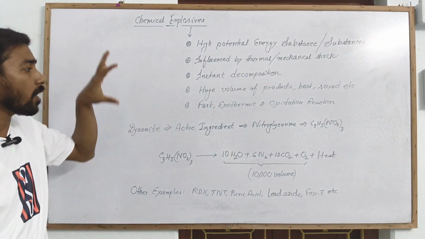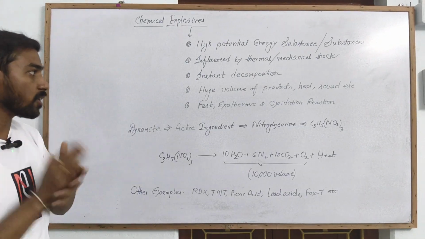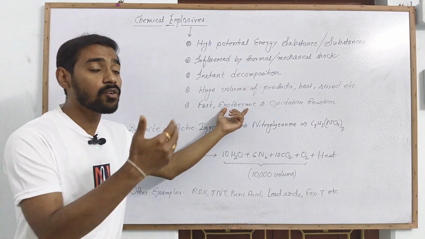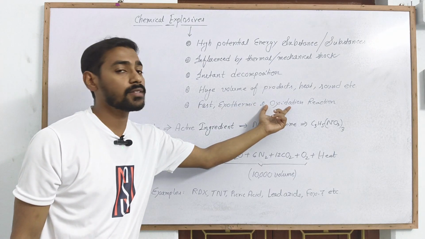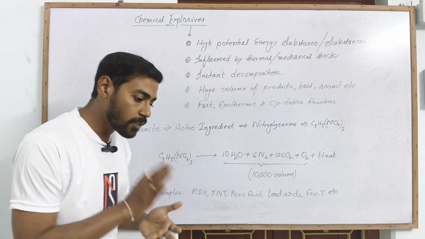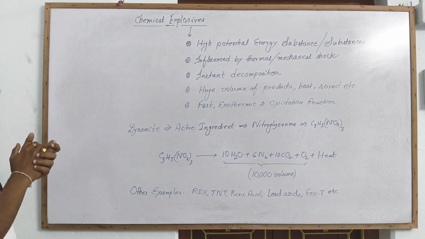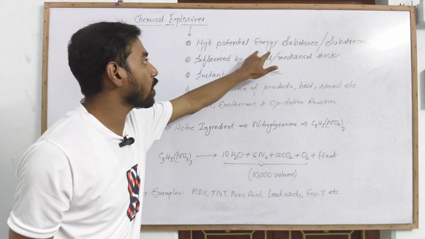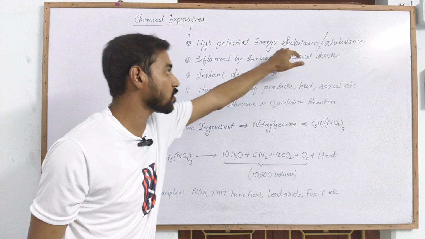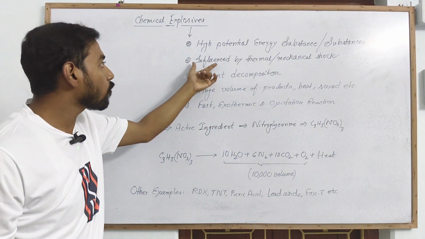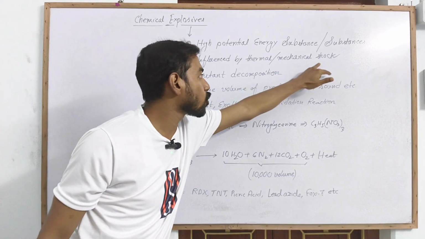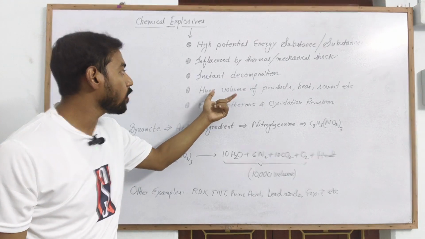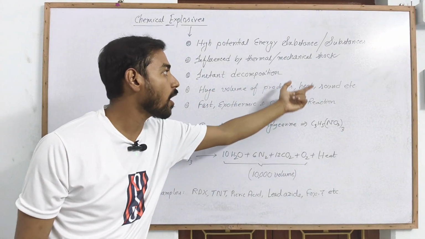Now this overall explosion of the substances is fast. It is exothermic, because heat is generated, and it is an oxidation reaction. So what should be the complete definition of a chemical explosive? A chemical explosive may be defined as a high potential energy substance, or a mixture of substances, that can be influenced by thermal or mechanical shock to undergo instant decomposition to give a huge volume of products, heat and sound.